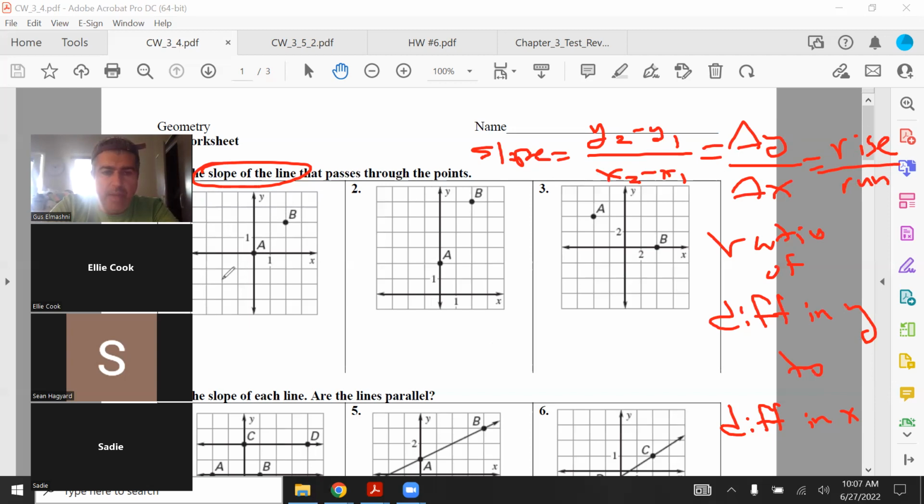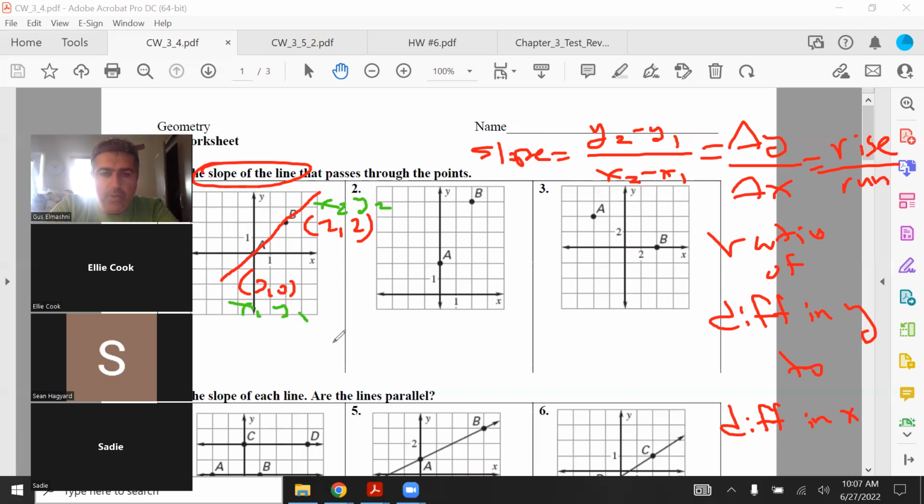So here I have a line that goes through AB. That's 2, 2, and that's 0, 0, right? So you can think of this as x1 and y1, or it doesn't really matter, or as x2 and y2, and that is x1, y1.